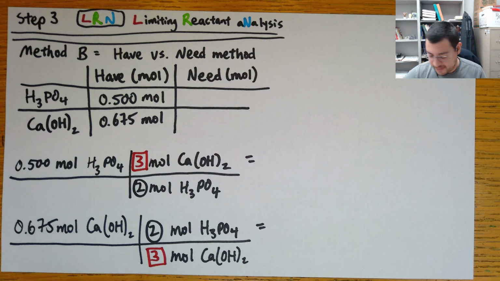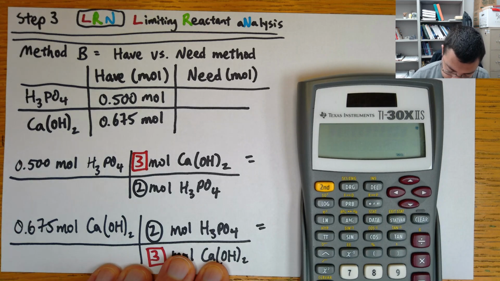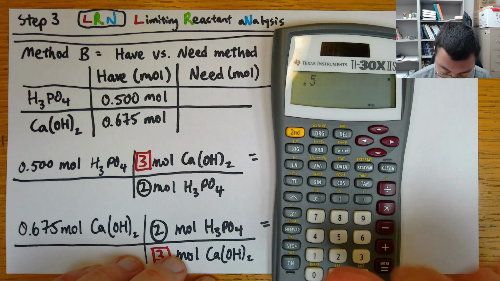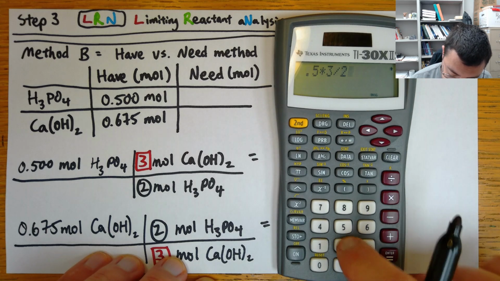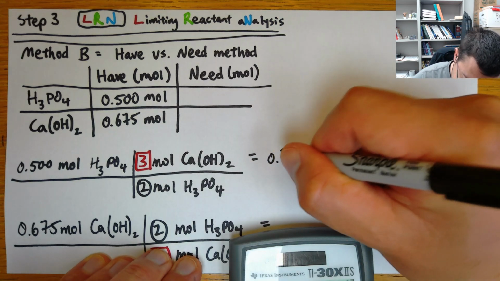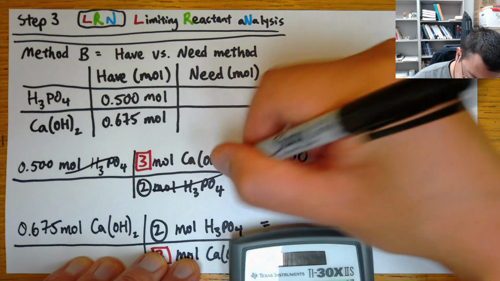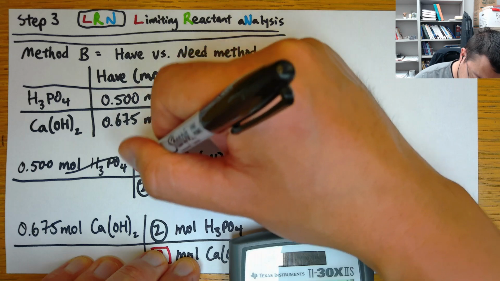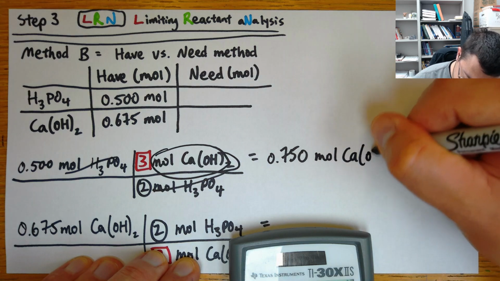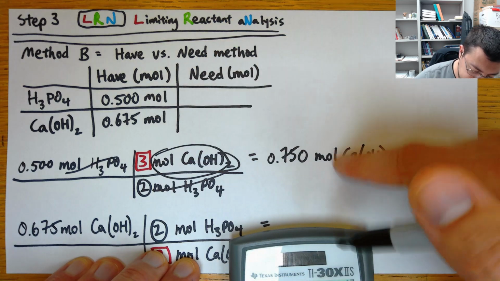All right, let's calculate. 0.5 times 3 divided by 2 is 0.75. Add a 0 for sig figs. The units that survived were moles of calcium hydroxide, which means that goes there, because the units say so.